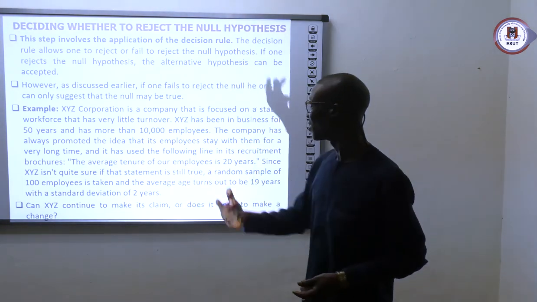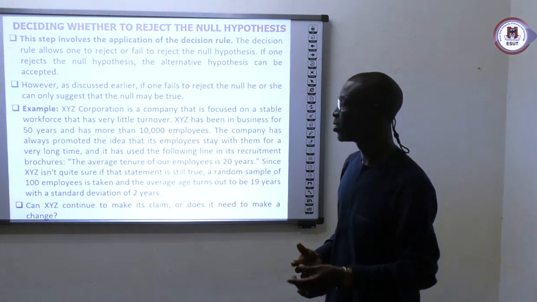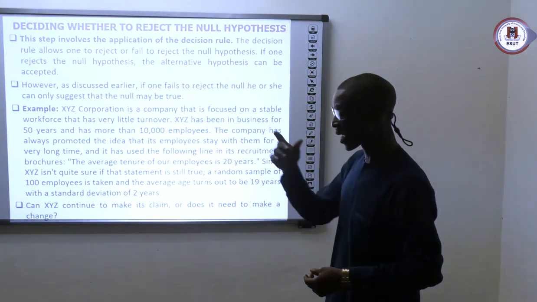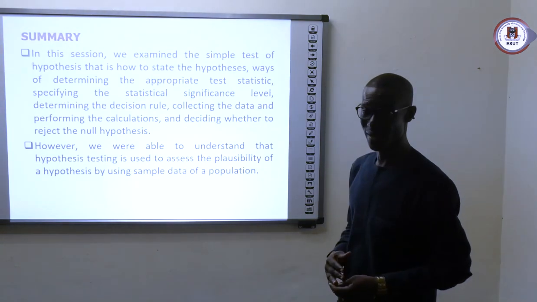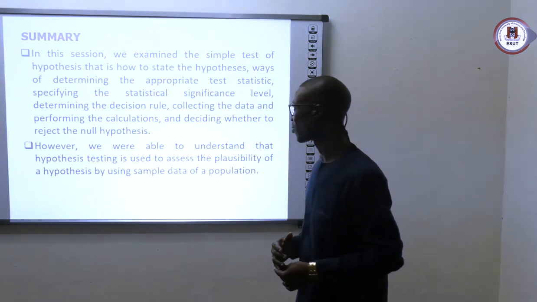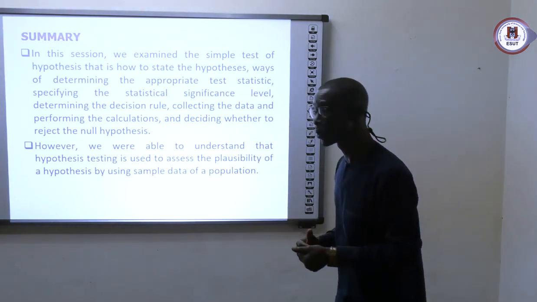If you reject a true null hypothesis when it's supposed to be accepted, it means you are committing type 1 error. And accepting a false null hypothesis when you ought to have rejected it, you commit what? Type 2 error.